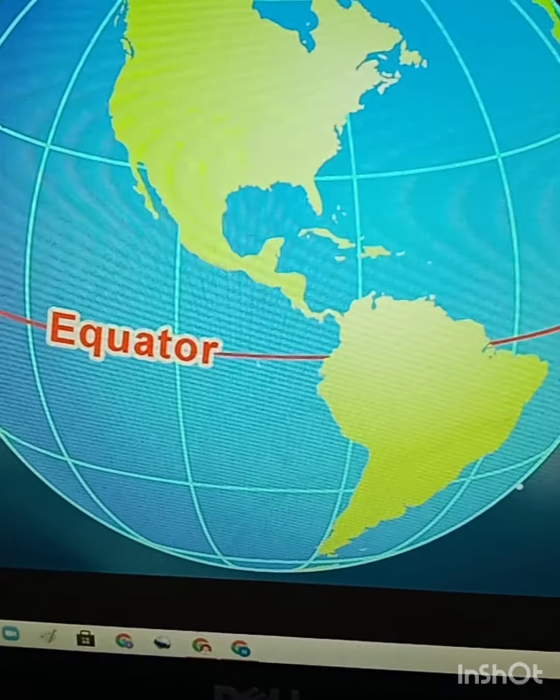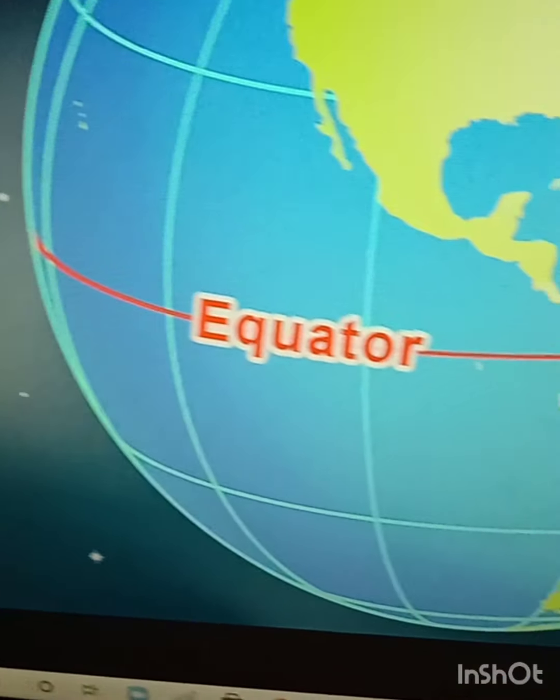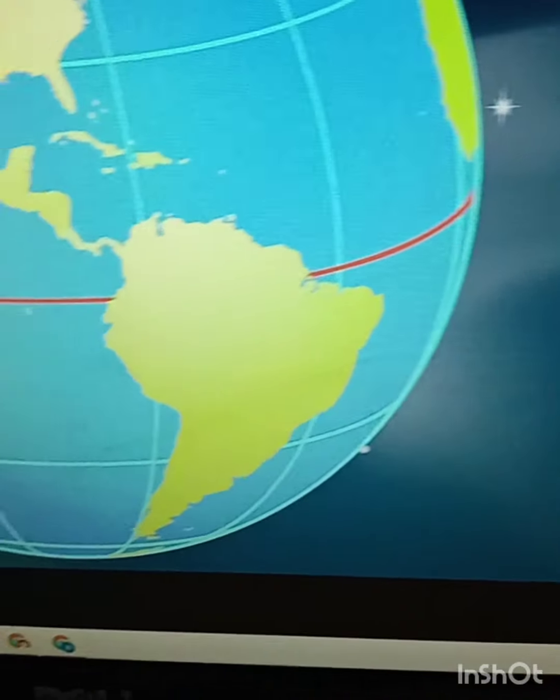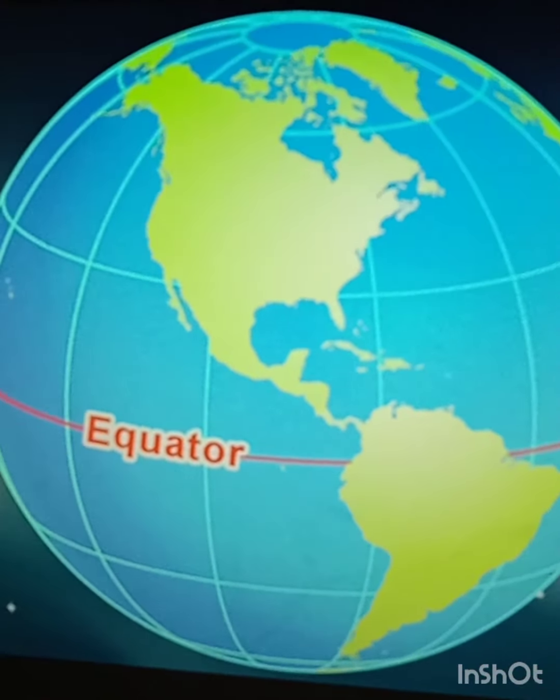The equator is the imaginary primary reference line drawn around the Earth, halfway between the North and South poles.